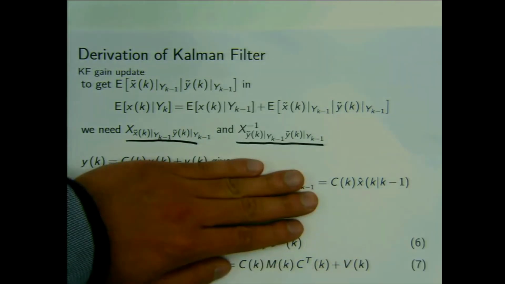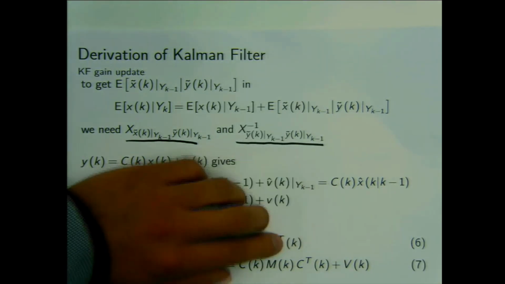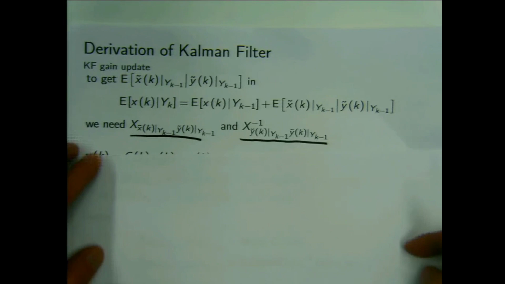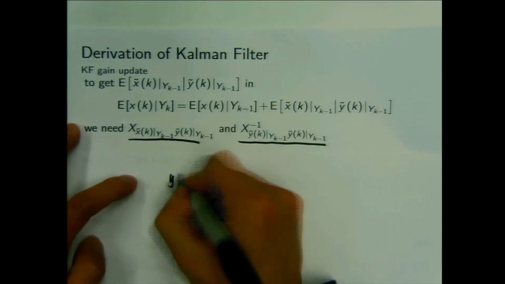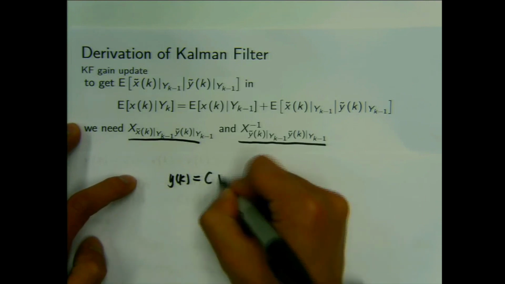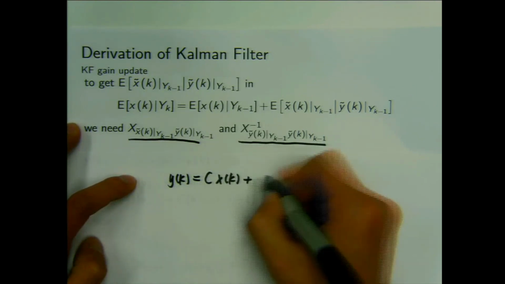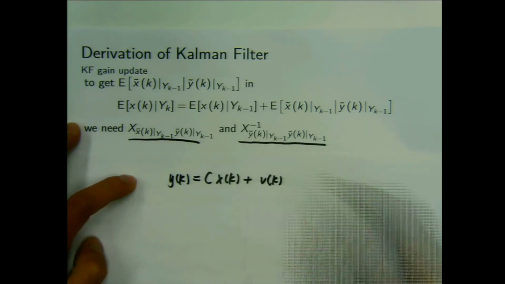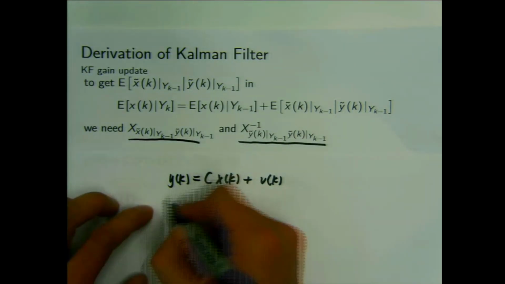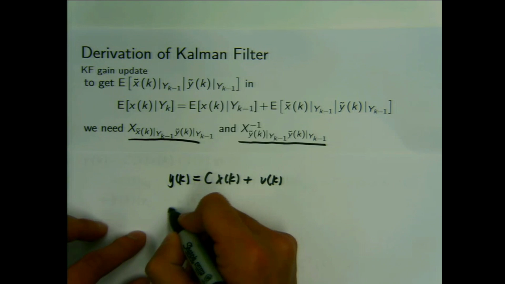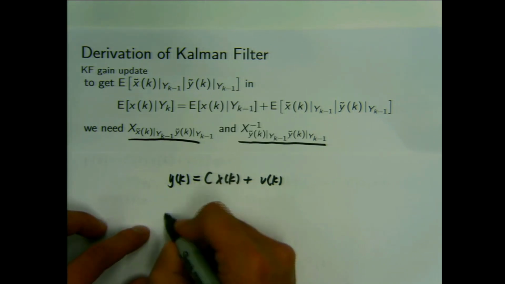Now we are immediately going to use the very useful facts of the four properties I mentioned earlier. I know y_k equals C x_k plus v_k. Then I'll be able to know. I wanted to obtain this guy.